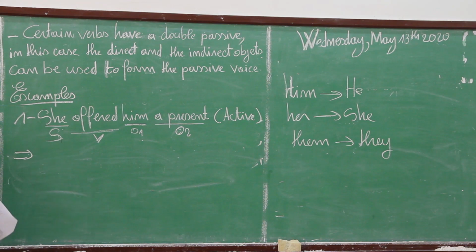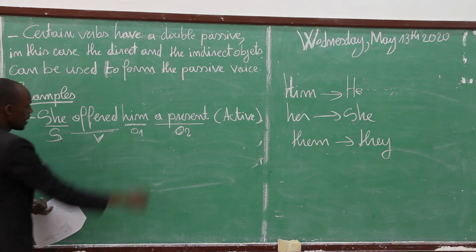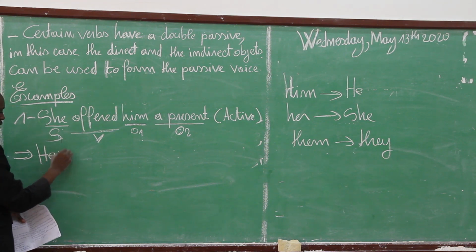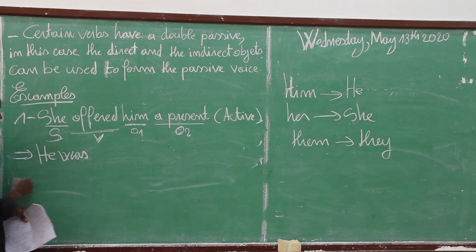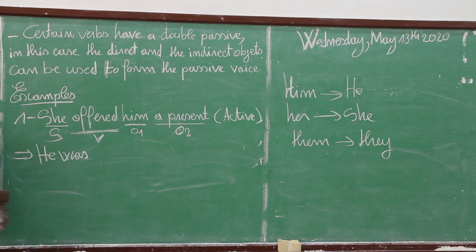And here we have subject, verb, him as an object. We have he, followed by the auxiliary to be. He was. To be here is conjugated in the simple past, in the preterite. Why? Because the verb of the active voice is in the simple past.